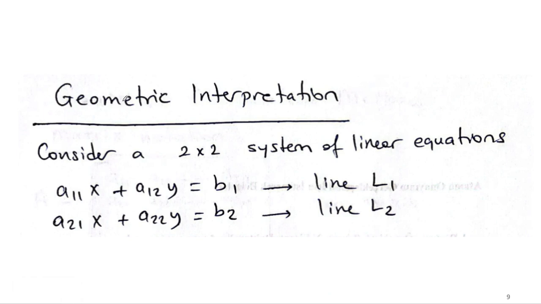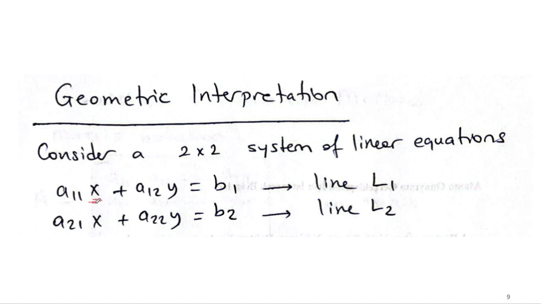The next thing to consider is the geometric interpretation of a system of equations, and to try to understand when this system has a solution or when it has infinitely many solutions. It is going to be quite straightforward. Suppose for simplicity we have two equations and two unknowns.